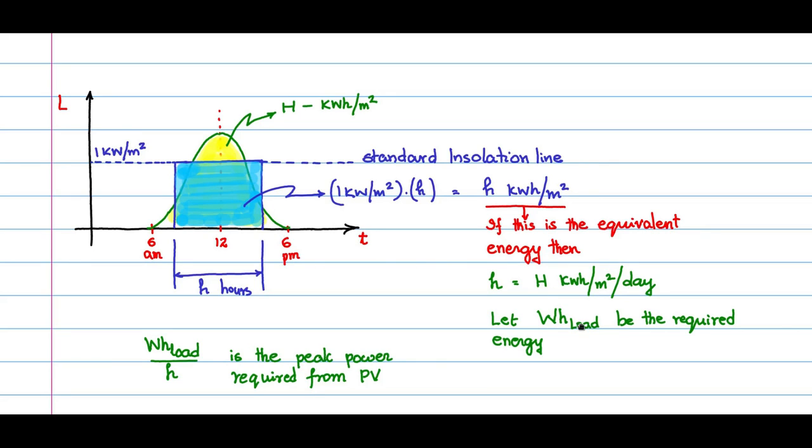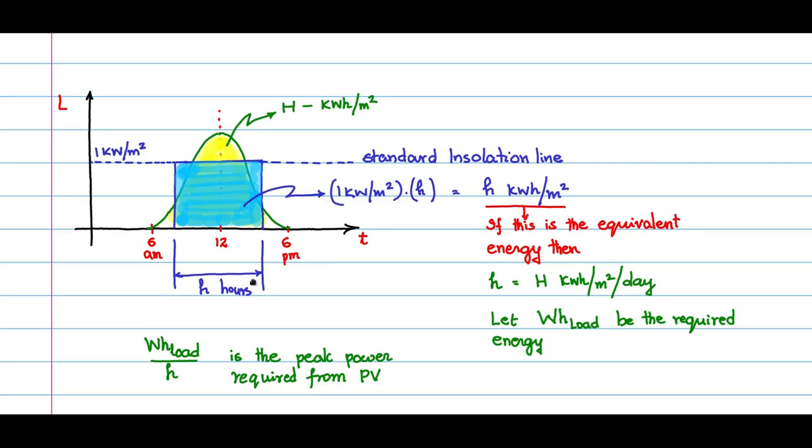So WH load is again energy in kilowatt hours, and let us say this WH load is the required daily energy for that day. Now that would mean that the requirement is that this has to fill up this rectangle.